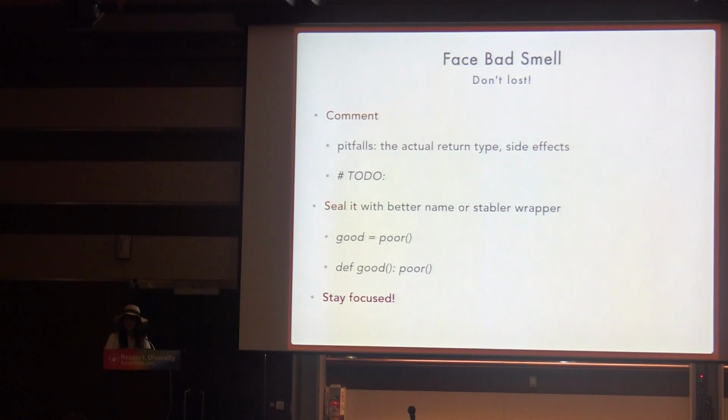And seal it with a better name or a stable wrapper, like maybe a good name to contain the return value from the poor function, or define a good function name to wrap all the poorly named functions.